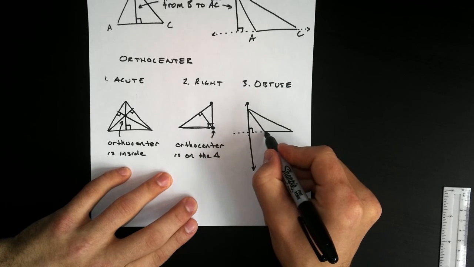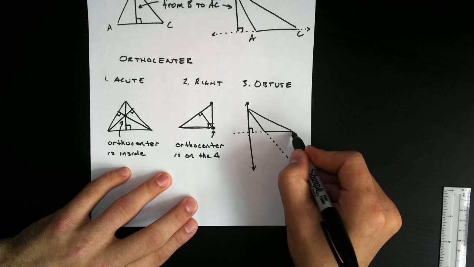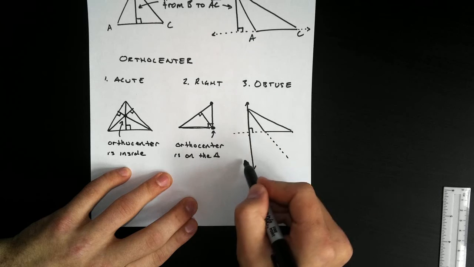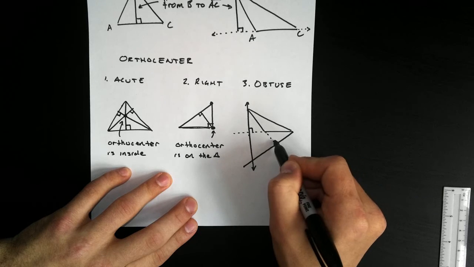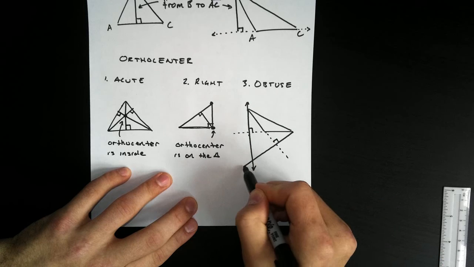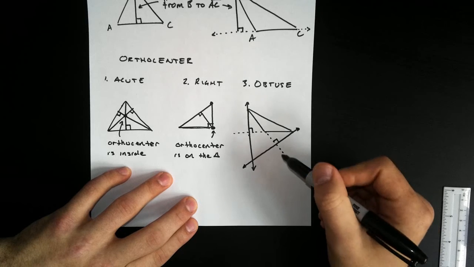We do the same thing. I'm going to extend this side of the triangle so that I can drop perpendicular, make that right angle here. So there's a right angle like so. Again, that's just extending out. That's the line that contains the altitude.